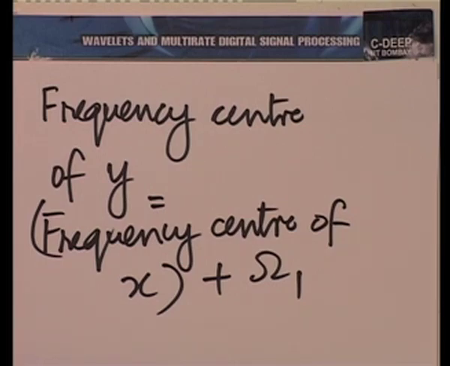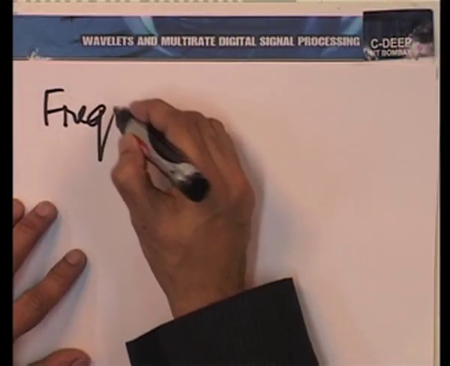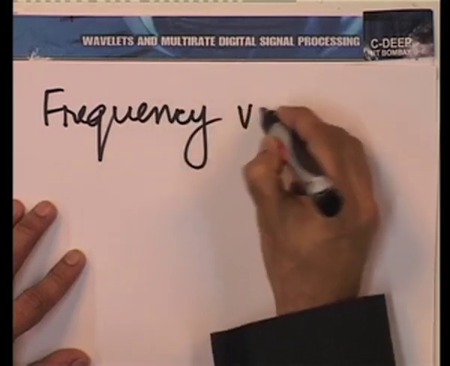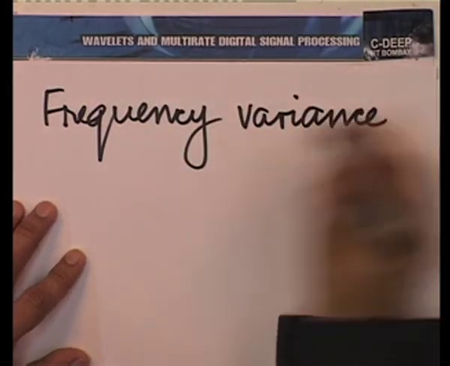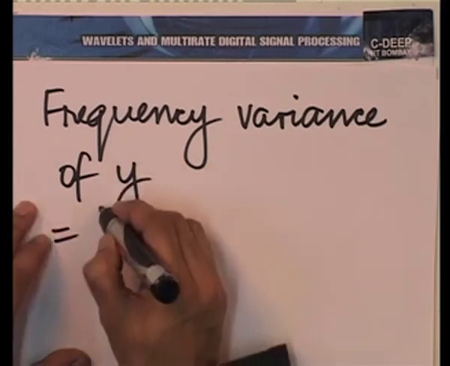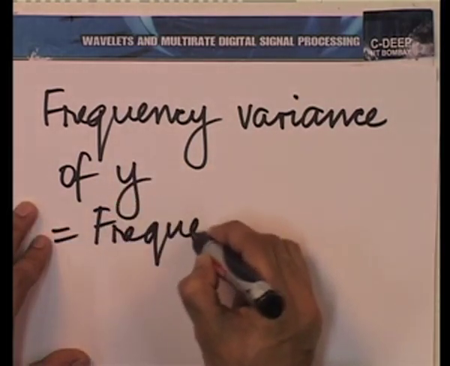And what happens to the frequency variance? Well, shifting on the frequency axis has no effect on the variance. Again, I leave it to you to show this by writing down the integral carefully. It is a simple exercise. I shall put down the final result. So, the frequency variance of y is equal to the frequency variance of x.